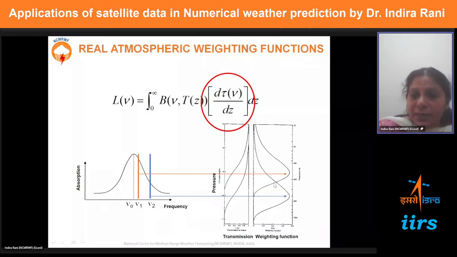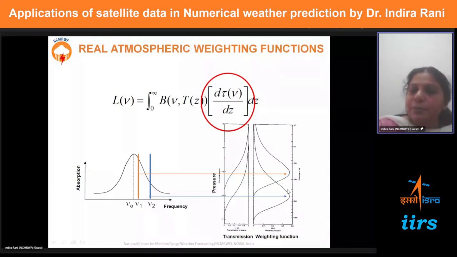And if you see the weighting function where it peaks maximum, it is again the averaging of the absorption over the atmospheric column, but the maximum contribution is from a particular region of the atmosphere. For this particular frequency nu 2, it is peaking at maybe around 600 or 500 HPA.